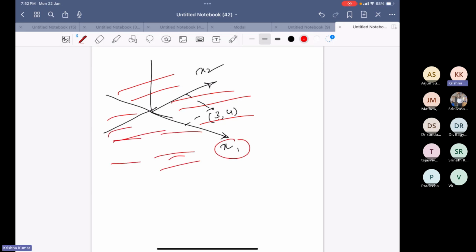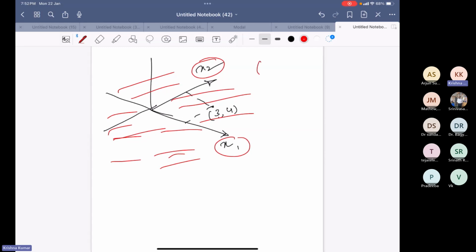So x1 and x2 are two variables which can take values from minus infinity to plus infinity. So x1 can take values between these two, and x2 can again take values between minus infinity and plus infinity.